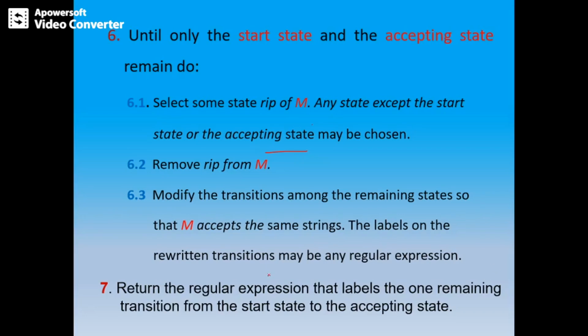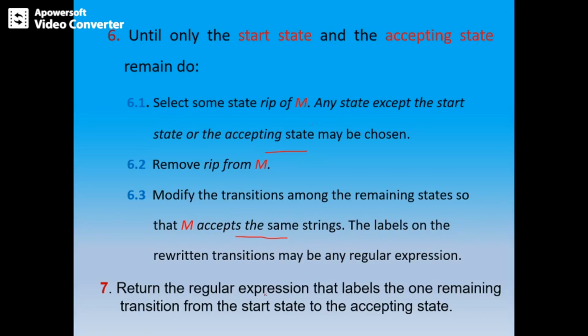The labels on the rewritten transitions may be any regular expression. You have to modify the transitions so that M accepts the same strings. Even after removing rip, you should not alter the meaning of the earlier machine, so you have to modify in such a manner. The modified transition labels will be in the format of regular expressions.